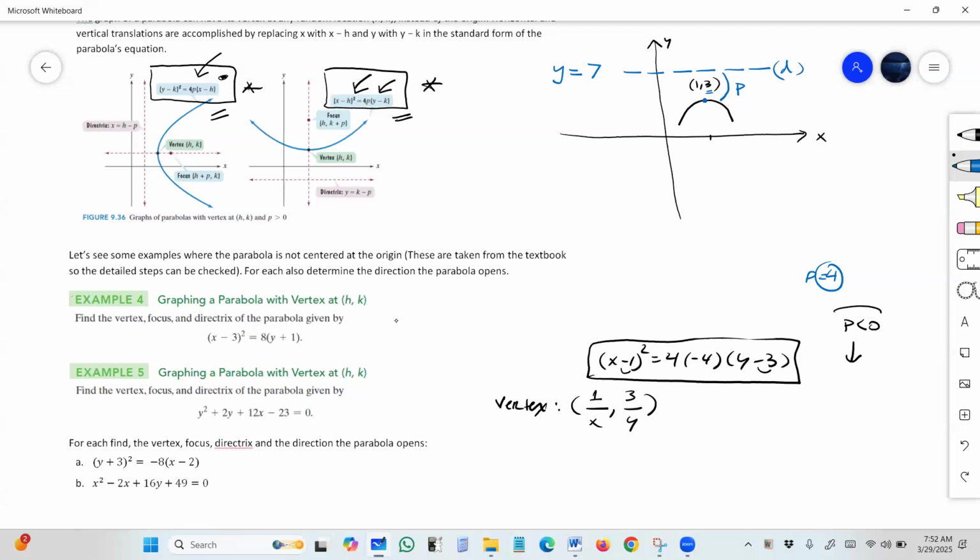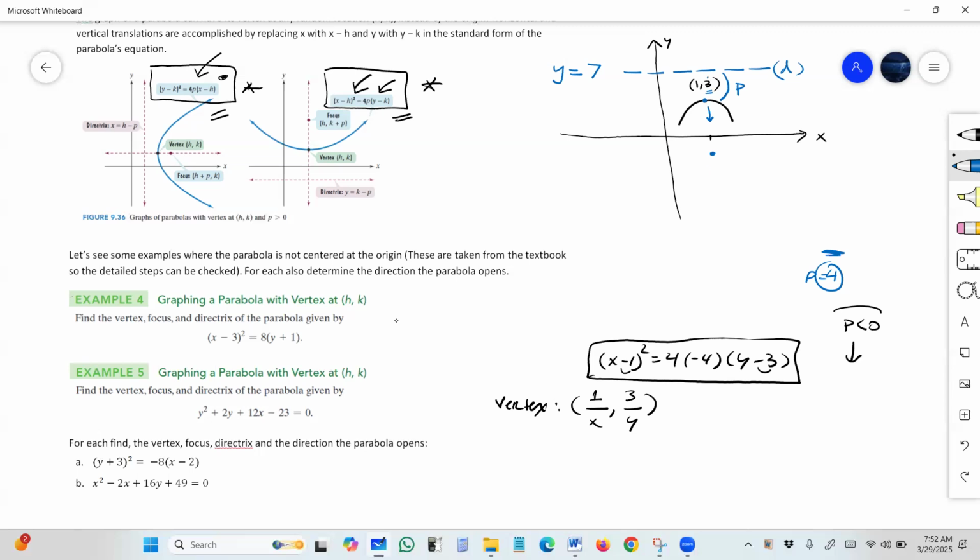And Professor, why are you not picking the 1 instead of the 3? Well, because this is in the y direction, right? I'm moving up and down in the y, so the value that changes is the y, not the x. Okay? And the same goes for the focus. I have to go 4 units from my current location, 3. So 3 minus 4, I get -1.